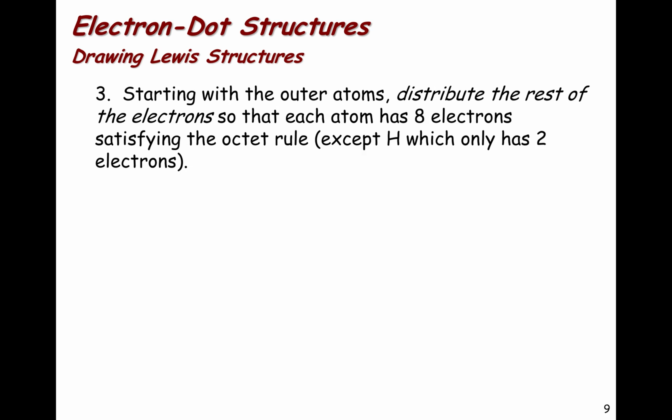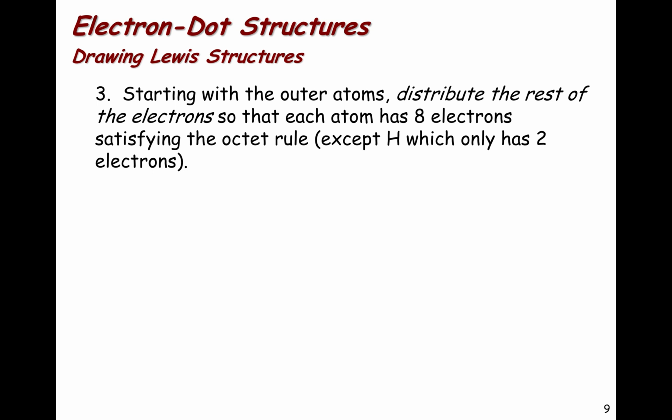At this point, then, we are going to take and distribute any remaining electrons not used in forming the skeleton structure and give them to first terminal atoms and then possibly to the central atom. In the case of hydrogen, which is always a terminal atom, it only requires 2 electrons in its valence shell to be like helium.